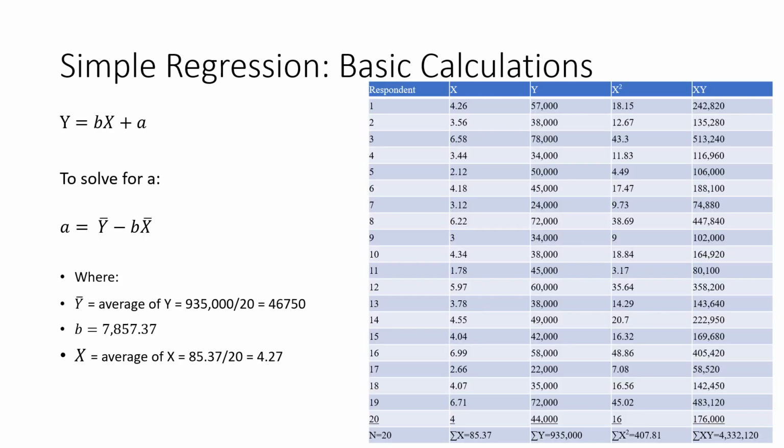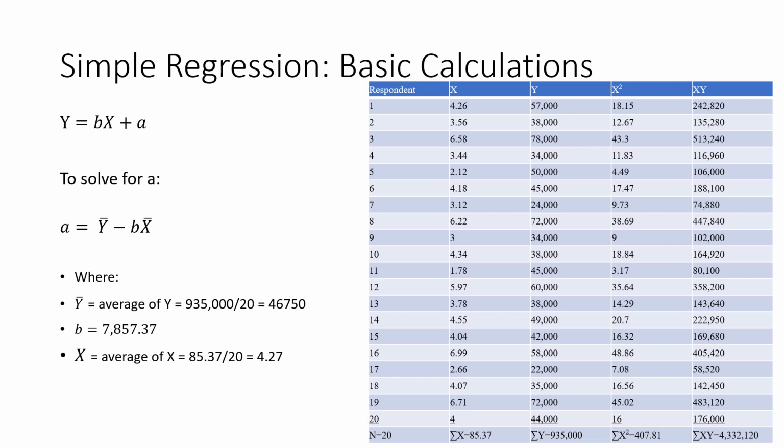Now, having calculated b, we still can't use the simple regression equation to predict y. And the reason is that we still need to calculate a. We need to identify or calculate the y-intercept, or the point at which the line of best fit crosses or touches the y-axis.